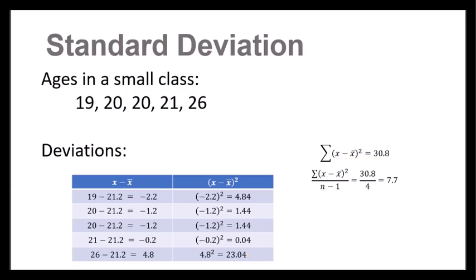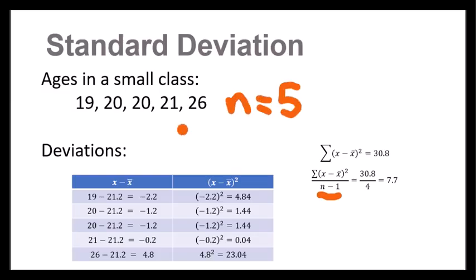If you look at the formula in our textbook or online, what we're looking at is the sum of the deviations squared divided by, in most cases, n minus 1. Now, in a typical average, we would just use n, meaning the number of data values. N in this case is 5.